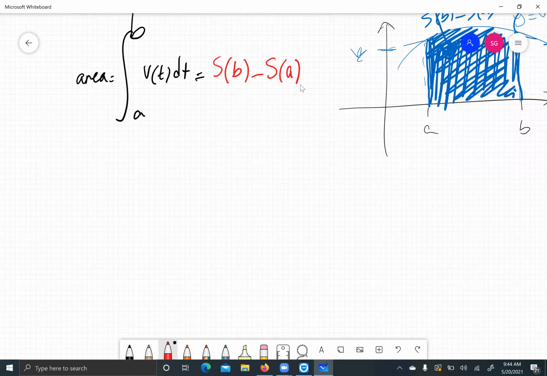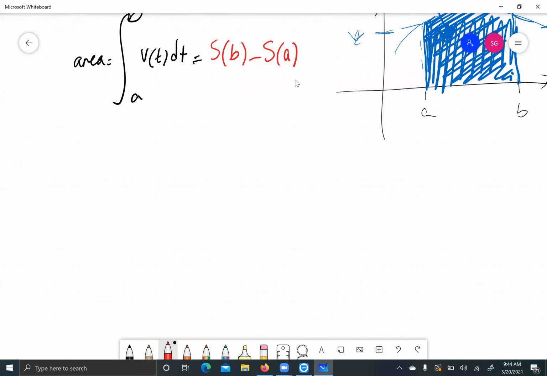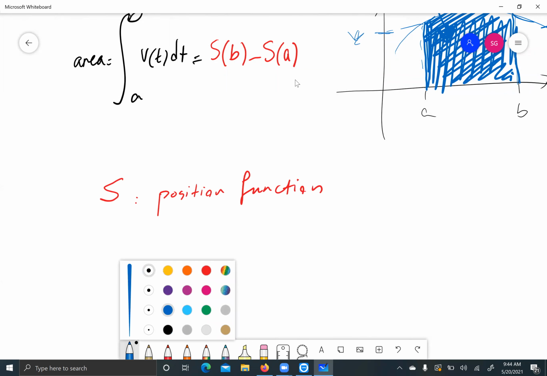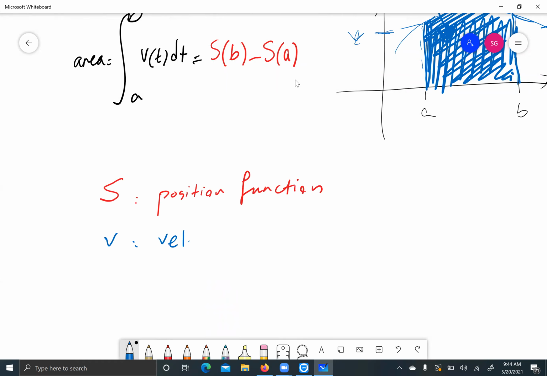And what is the relationship between S and T? S is the position function, V is the velocity function. And what is the relationship between these two?